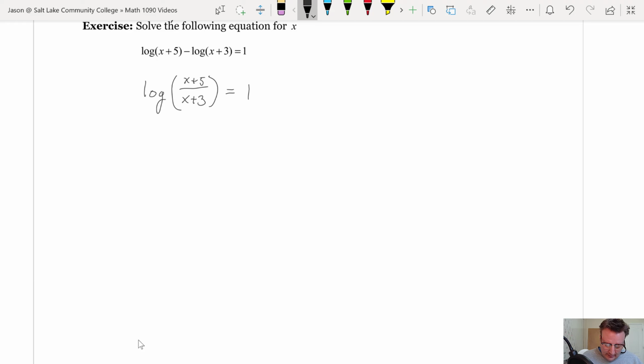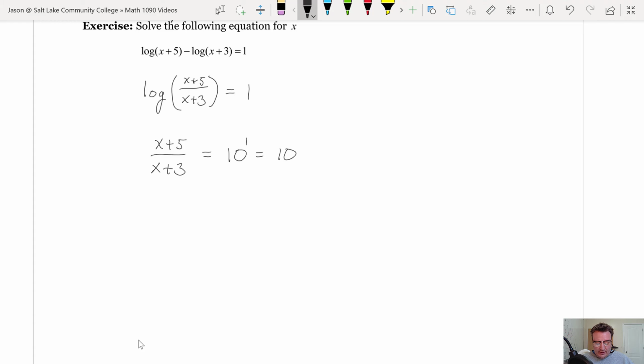I get x plus 5 over x plus 3. Now I have to remember to exponentiate base 10 on both sides. 10 to the 1, this is just 10. Okay. Now I have a rational equation.